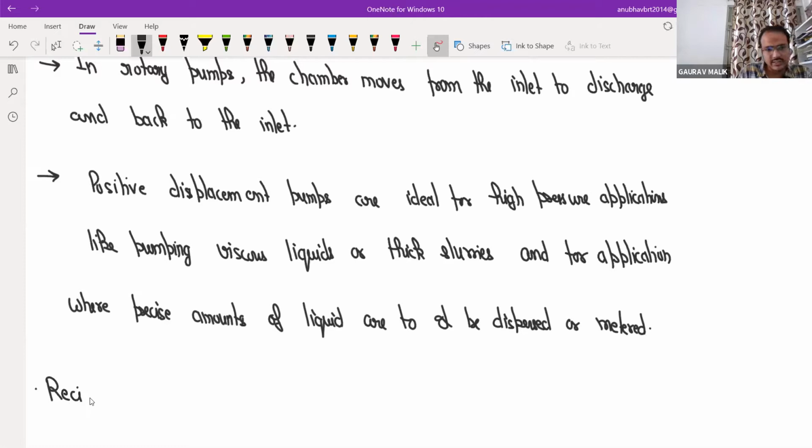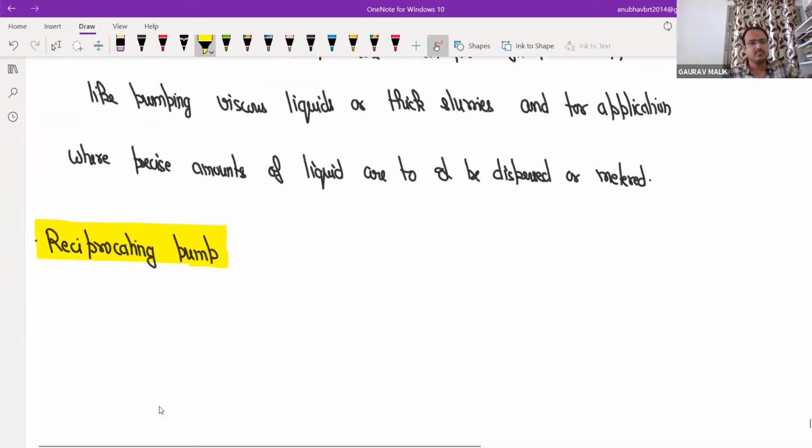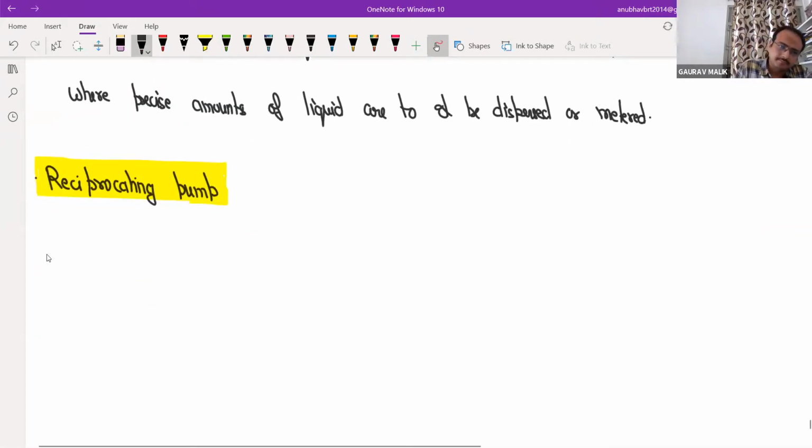Write down reciprocating pump, and write down one or two lines about their pressure limit, etc. I taught this for your interview point of view also, so that I cover each and every point. I already told you that pumps are very, very important for any interview.